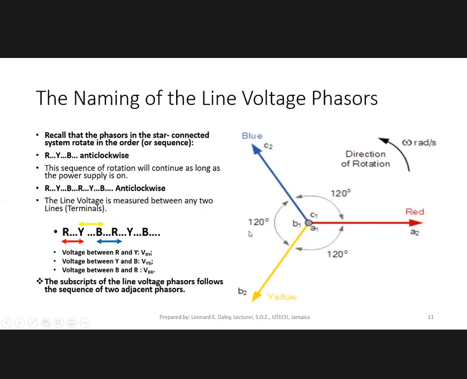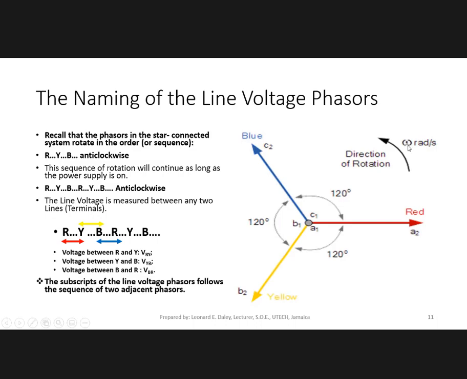Recall something that we did last week. Maybe this should have been done last week also, but it can work right here. Remember that the phases are rotating. Imagine all of these now as three spokes of a bicycle wheel. When the wheel is turning around the axle, all the spokes are rotating.